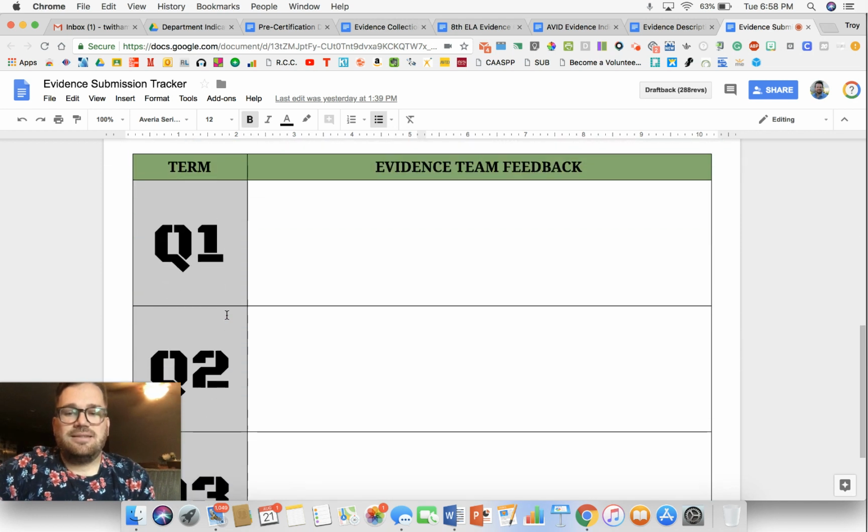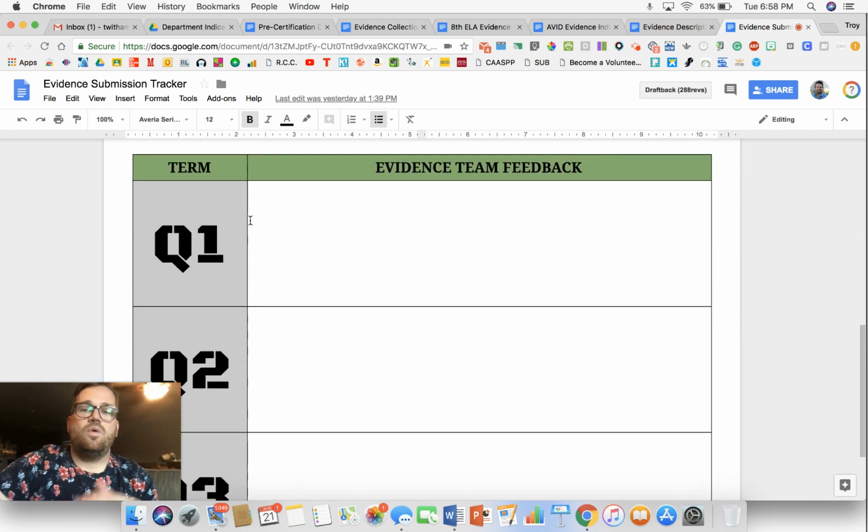Also, on the back side of this document, we have a place for the evidence collection team to put in quarterly feedback. So if a teacher submits a piece of evidence, for instance, that is phenomenal and it is something brand new, and we think this is something that could work not just for their other teammates but maybe for another department, we can tell them that here. We can give them feedback on why this really worked, why this is phenomenal.